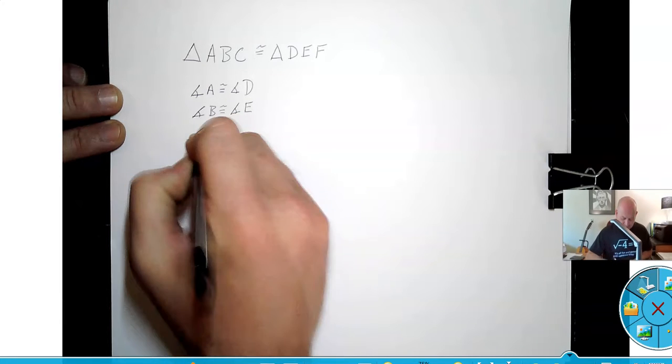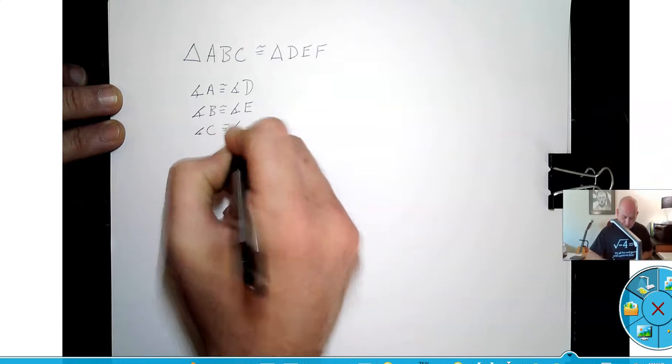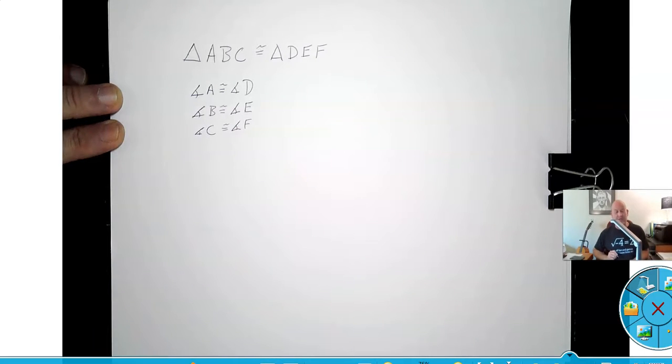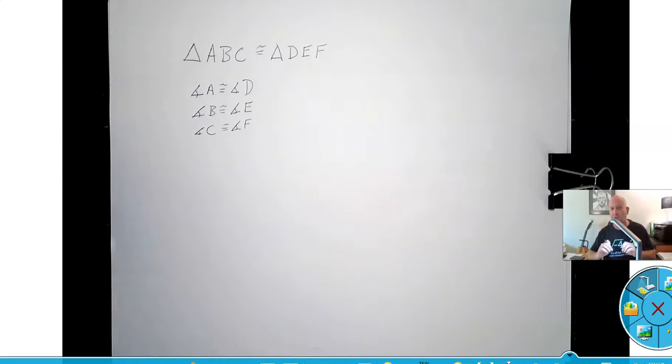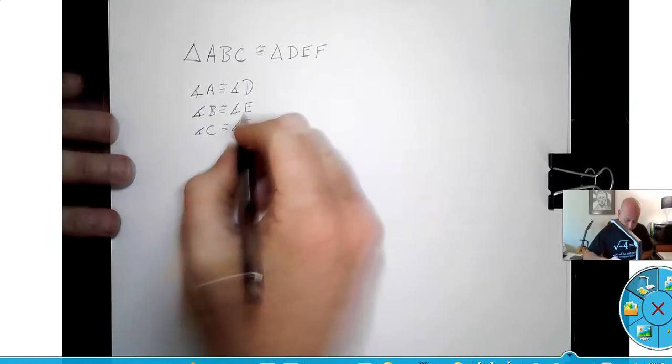And you can say the same thing about angle C and angle F. Those guys correspond. This is what we talk about when we're talking about corresponding parts of congruent figures. Right now we're talking about congruent triangles, but these are corresponding parts of these two congruent figures.